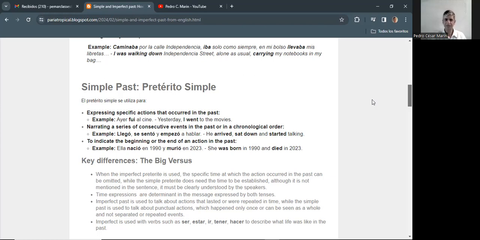And to indicate the beginning or the end of an action in the past. That is close to the first one, right? Specific. Ella nació en 1990 y murió en 2023. She was born in 1990 and died in 2023. Yes, we need to say the complete year in Spanish, 1990.